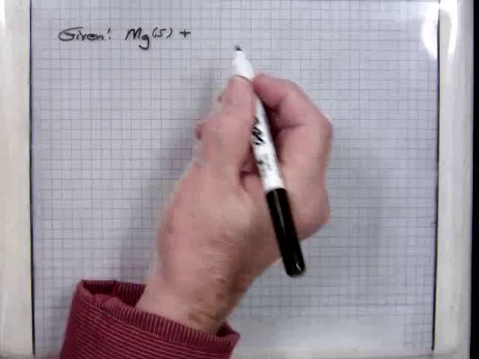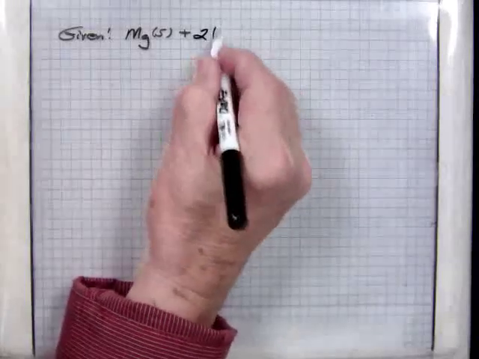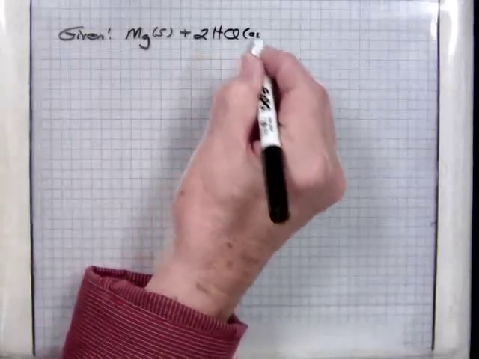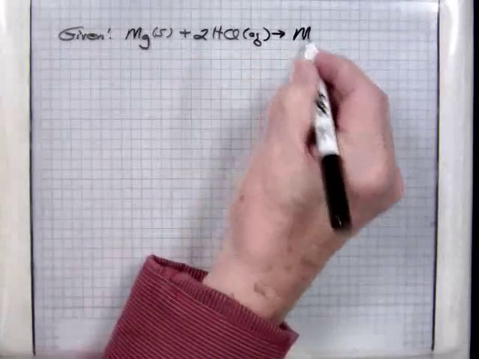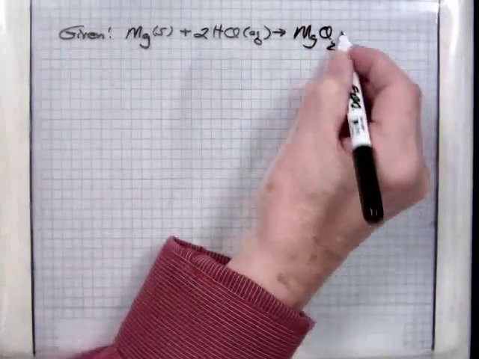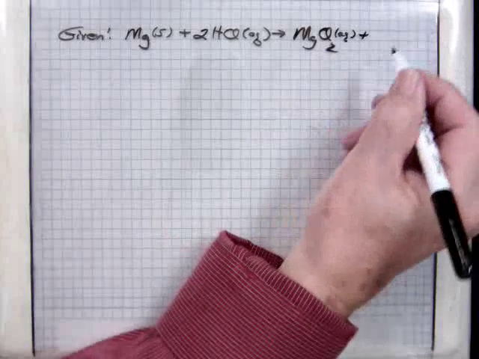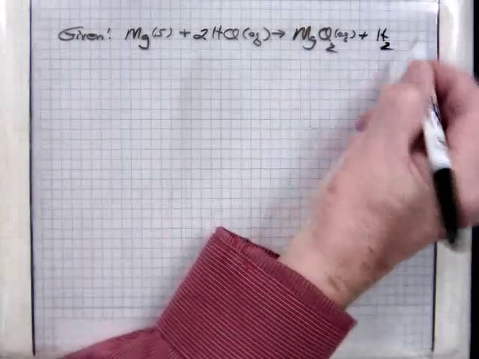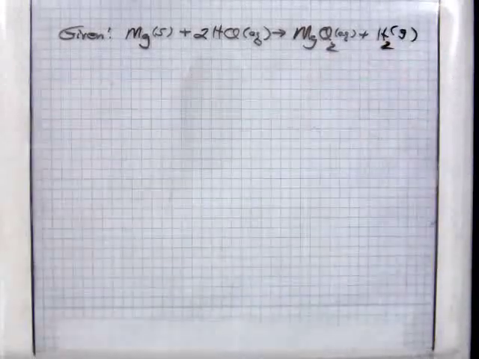Given magnesium solid and hydrochloric acid, aqueous, and that's going to give magnesium chloride, aqueous, and hydrogen gas, molecular hydrogen gas.